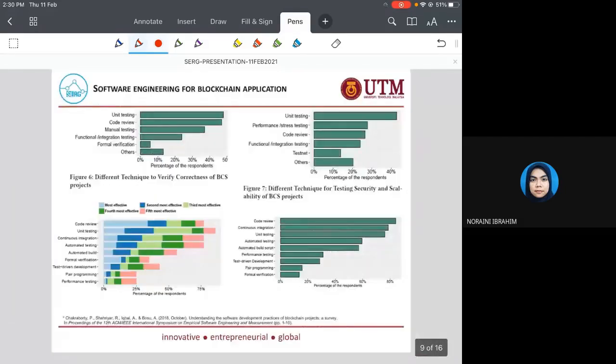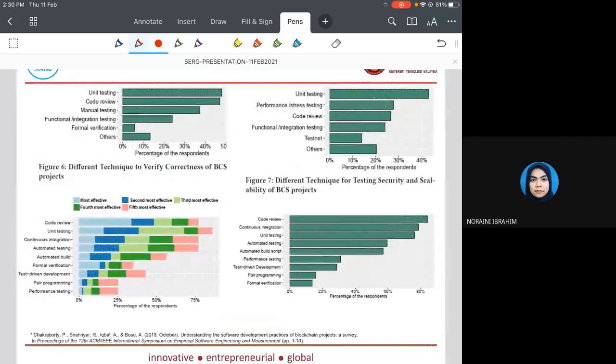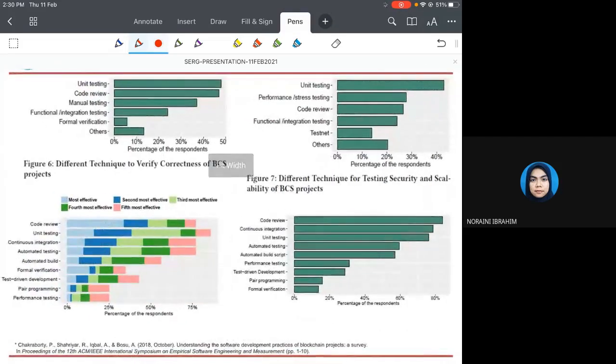This is a paper from 2008. The paper made some surveys on the software development practice of blockchain projects. As we can see here, I want to highlight, for example, the different techniques to verify the correctness of the blockchain software.